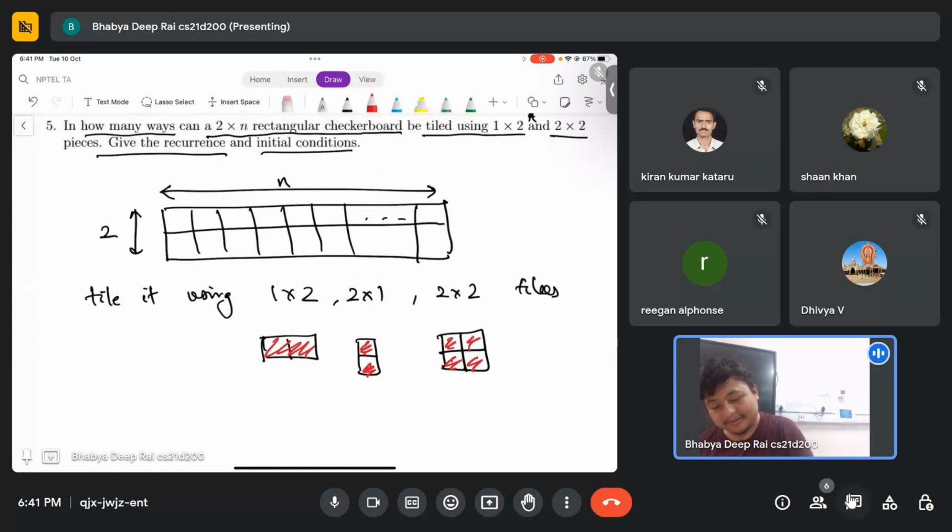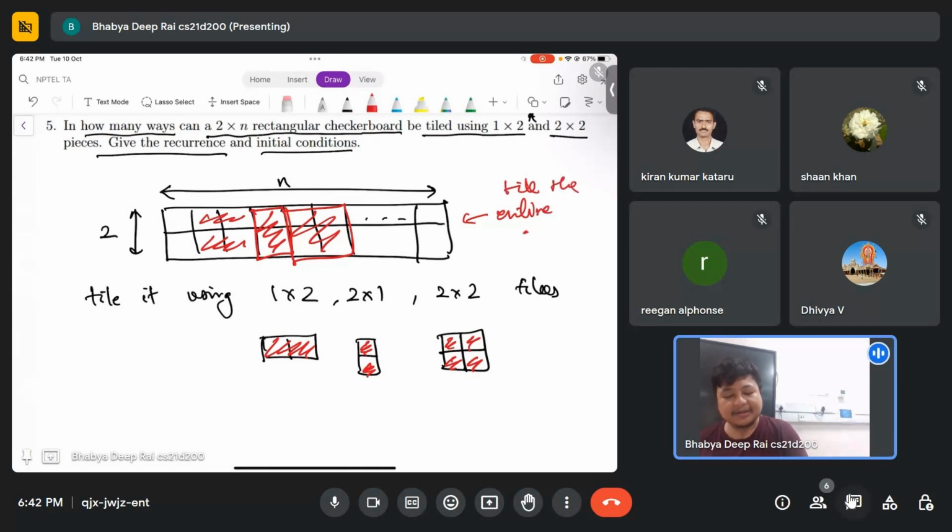So tiling would look something like this: I'll tile this with a square tile, this 2 cross 2. I'll tile this with a 2 cross 1 tile, and this one I'm using a 1 cross 2 tile to tile. But what I need is that at the end, the entire checkerboard needs to be tiled.